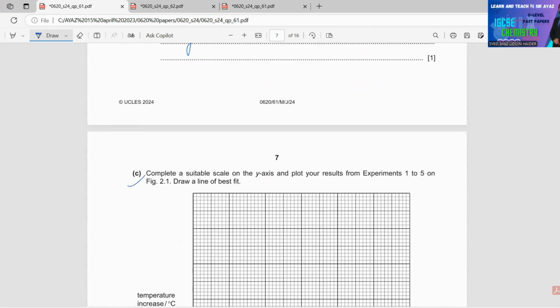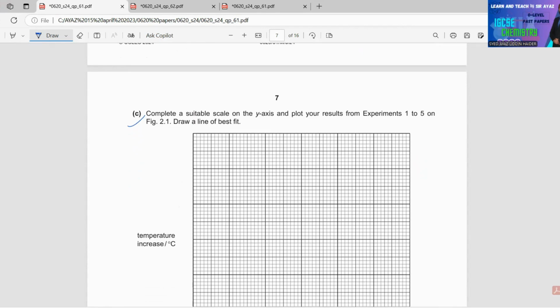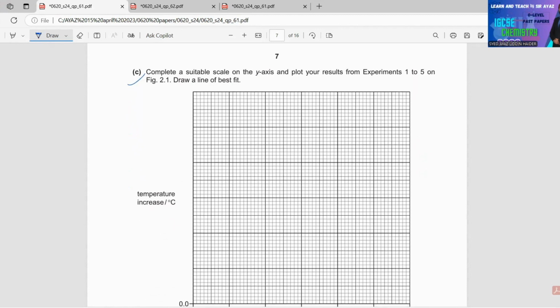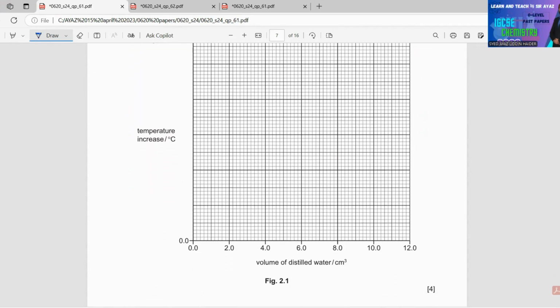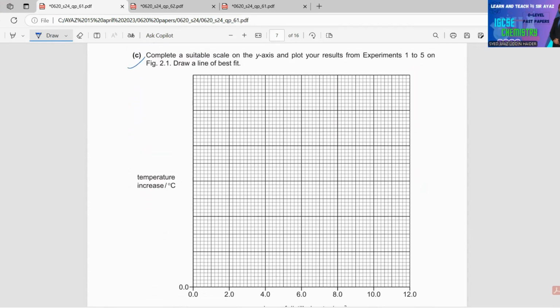C. Complete a suitable scale on the y-axis and plot your results from experiments 1 to 5 on figure 2.1. Draw a line of best fit. So for the temperature increase, I am taking these scales.